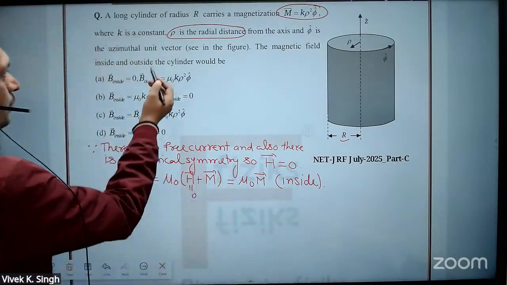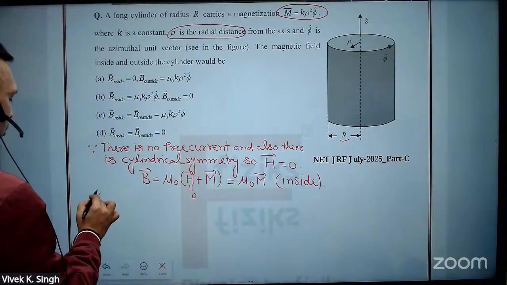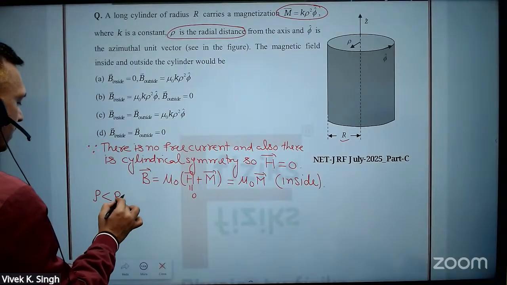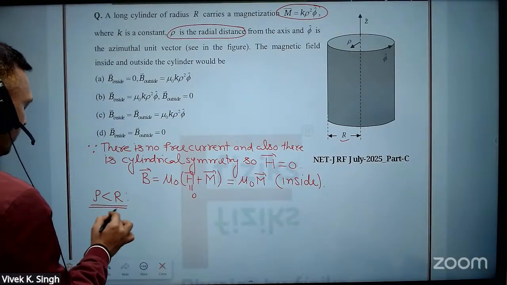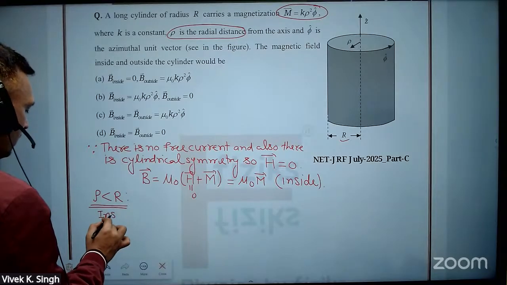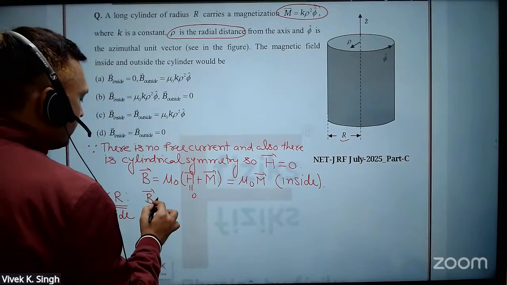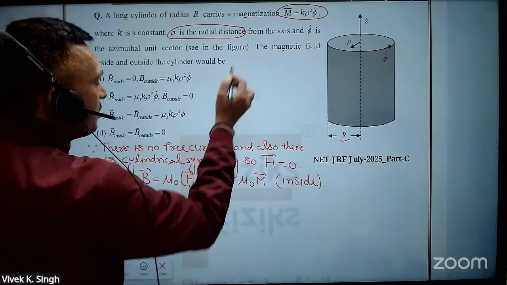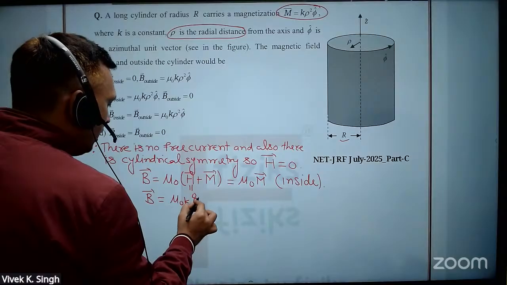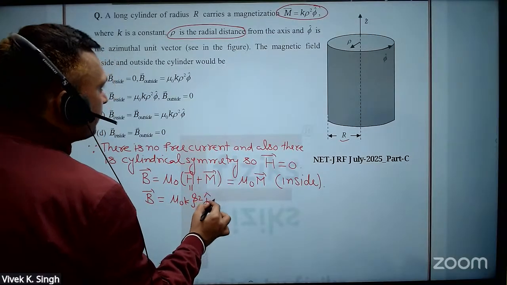So for a point when rho is less than r, meaning inside, B is given simply by this relation, mu naught. No need to calculate, just put it here. So this is mu naught K rho square phi cap.